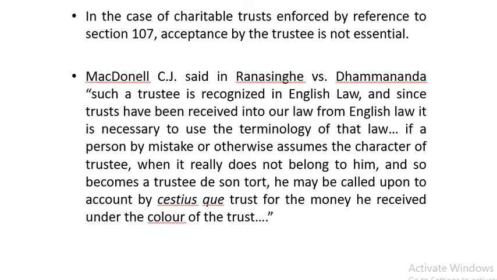But there are cases, in the charitable case we have studied section 107, the de facto trust in relation to the charitable trust. The court has the power, in the absence of any formalities in relation to the creation of a trust, to declare that there is a trust.